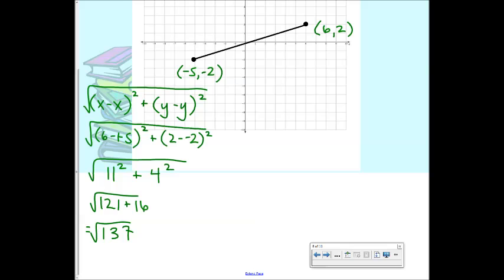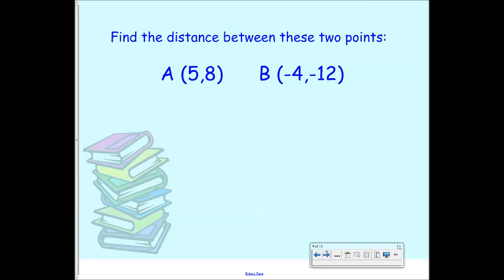Okay. So let's try to find the distance here. I have no coordinate plane. I don't want to draw one, so I'm just going to use the distance formula. And that's that long square root, x minus x squared plus y minus y squared. Which one do you want to start with?